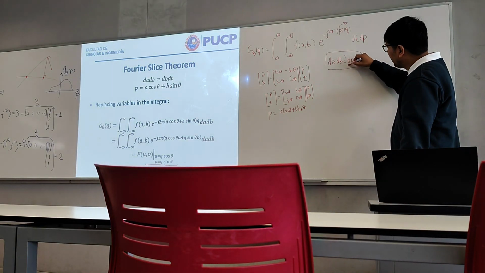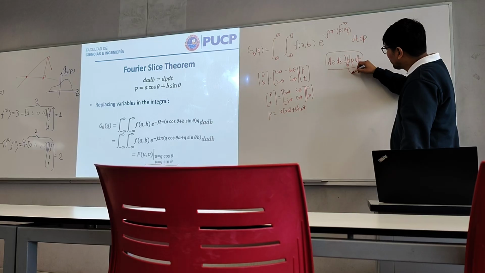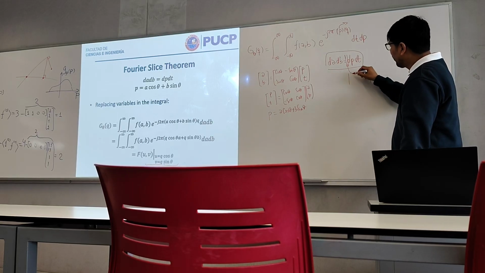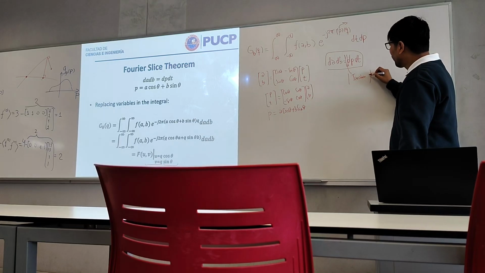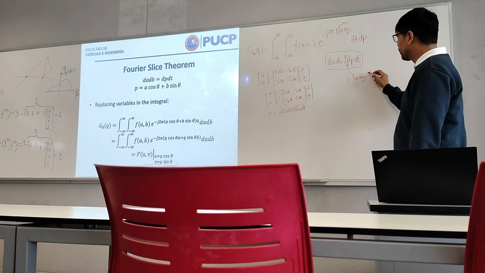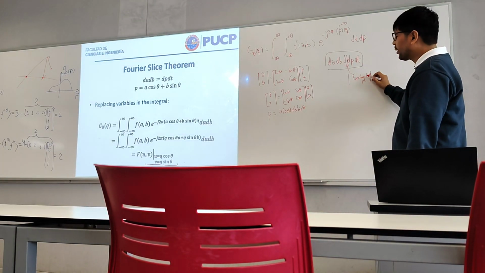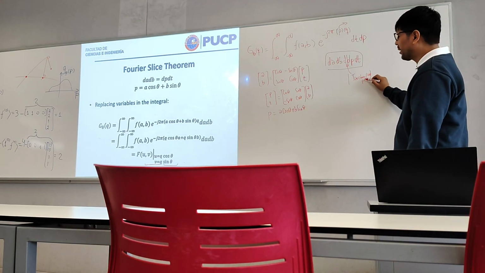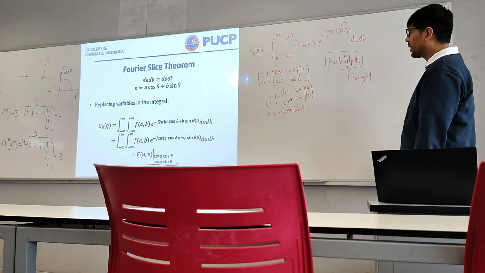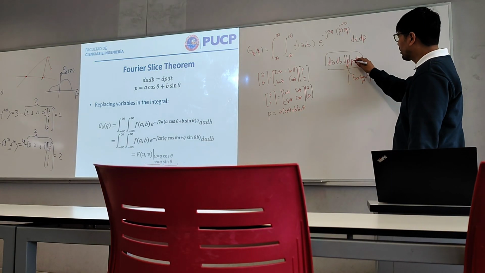In fact, here is the determinant of the Jacobian of (A, B) with respect to (p, t). It's a differential, no? A with respect to p, differential A with respect to t, and take the determinant. That will be 1. That's why it's not here.